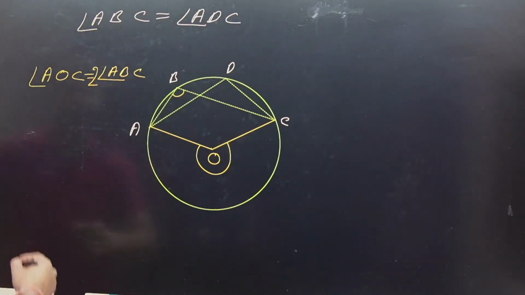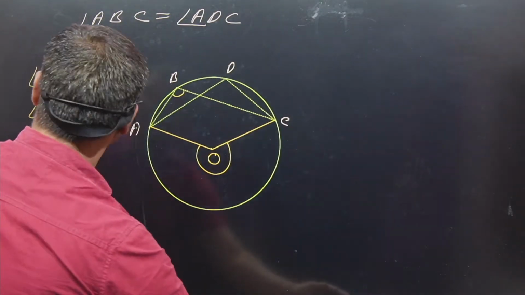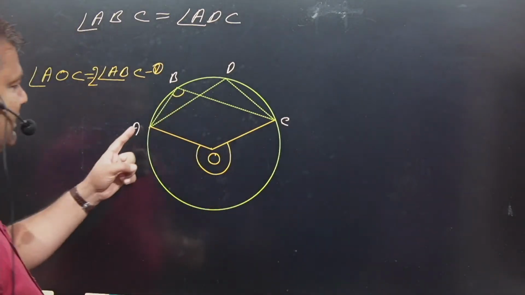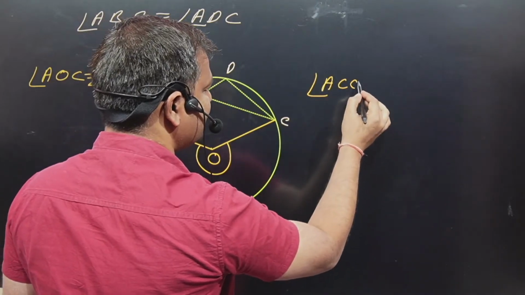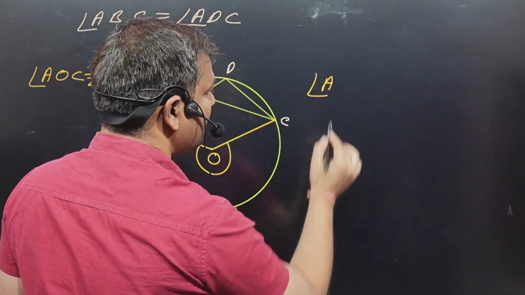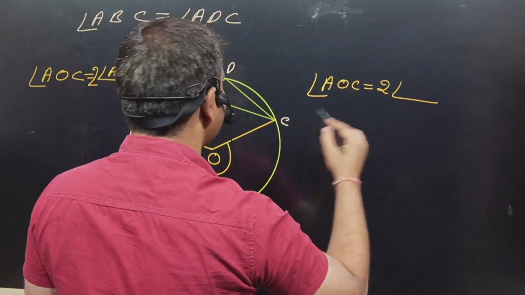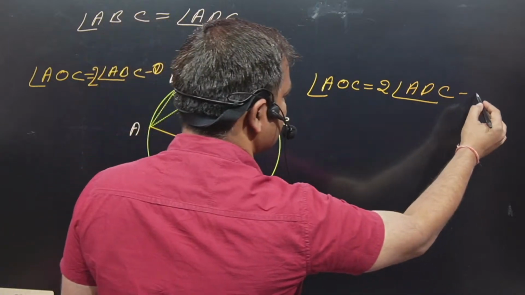So you can say that angle ABC, better to write, this one is equation number 1. After that, angle AOC will be equal to 2 times angle ADC. This one is equation number 2.